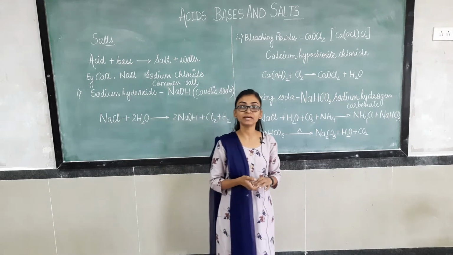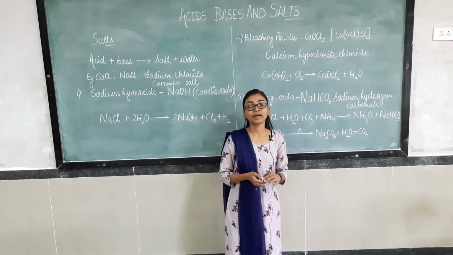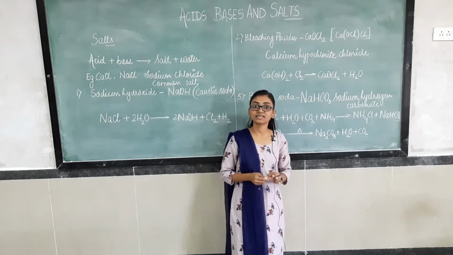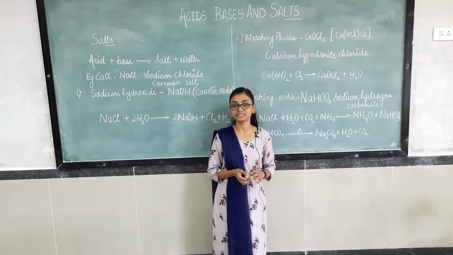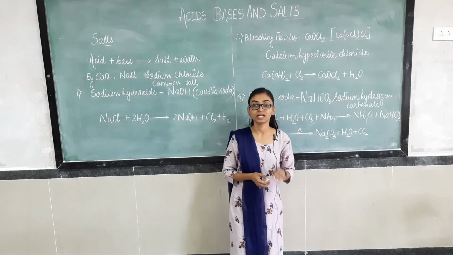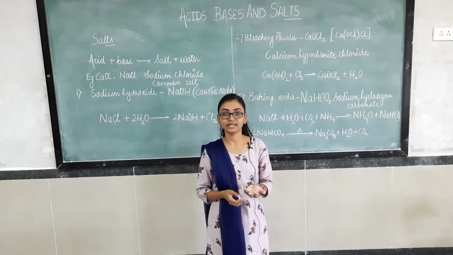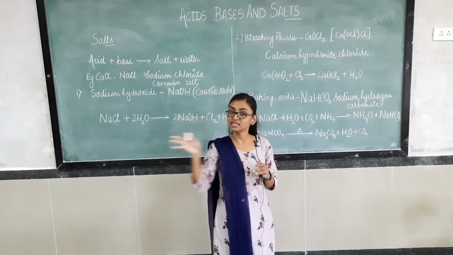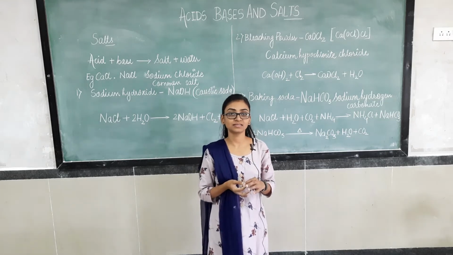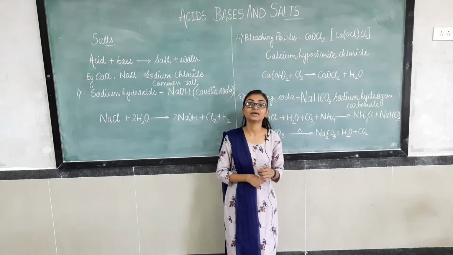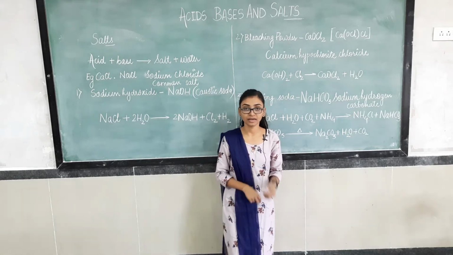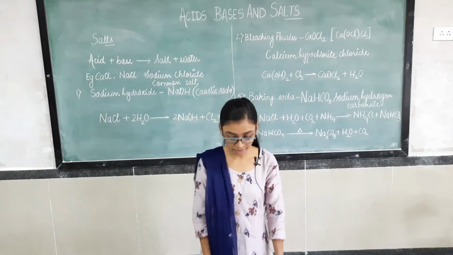When a strong acid and a weak base react to form a salt, the pH will be acidic in nature. It is towards 0 on the pH scale, as the acid is strong. That's why the pH will be acidic in nature.